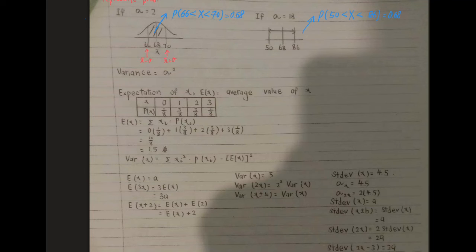It is standard deviation to the power 2, and then you get variance. Now, expectation of X, E(X), is equal to the average value of X, which is the mean.